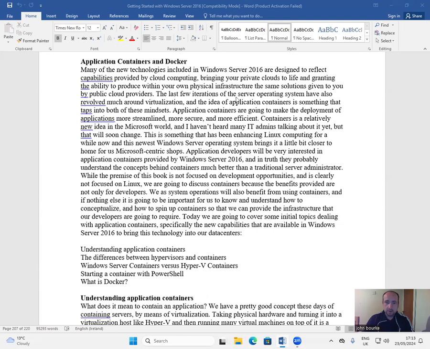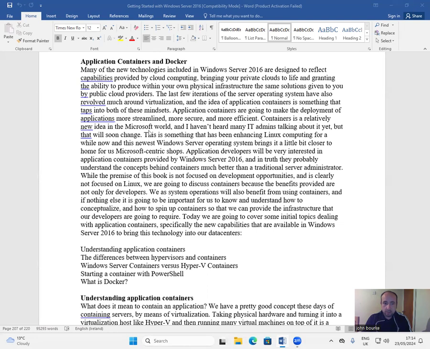The last few iterations of the server operating system have also resolved much around virtualization, and the idea of application containers is something that taps into both of these mindsets. Application containers are going to make the deployment of applications more streamlined, more secure, and more efficient.